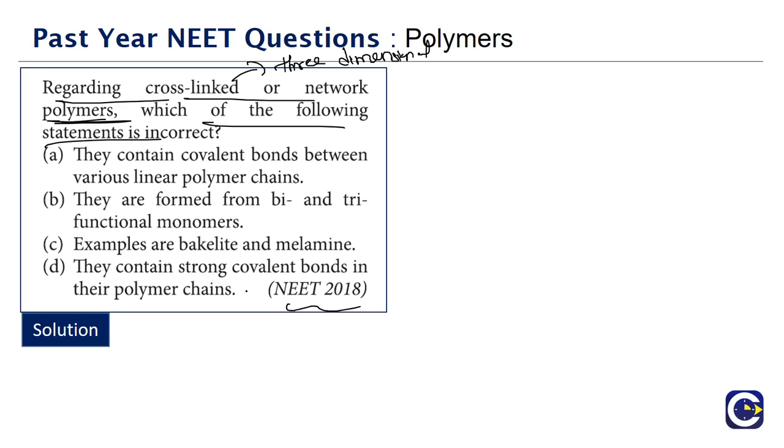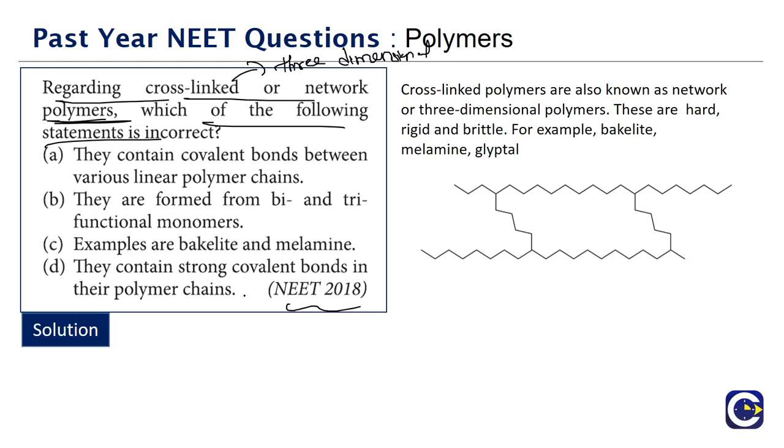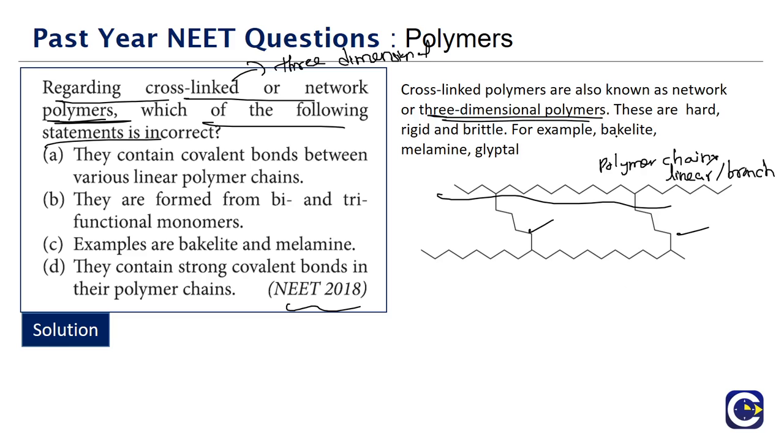So what are basically these cross-linked or network polymers? We'll have the polymer chains, which may be linear, like in most of the cases. Sometimes they may even have branching, and you will see that there will be a cross linking that will happen between these polymer chains, and that is the reason why we will be able to get the 3-dimensional network.